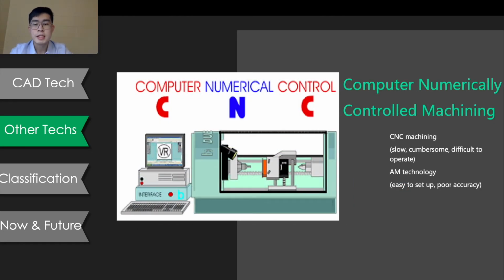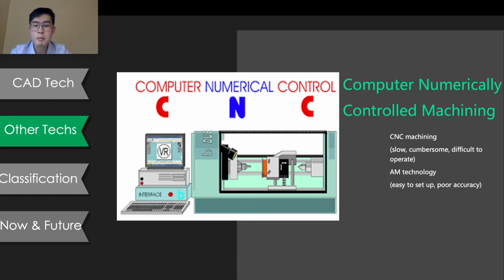One of the reasons AM technology was originally developed was because CNC technology was not able to produce satisfactory output within the required timeframes. CNC machining was slow, cumbersome, and difficult to operate. AM technology, on the other hand, was quite easy to set up with quick results, but had poor accuracy and limited material capability.